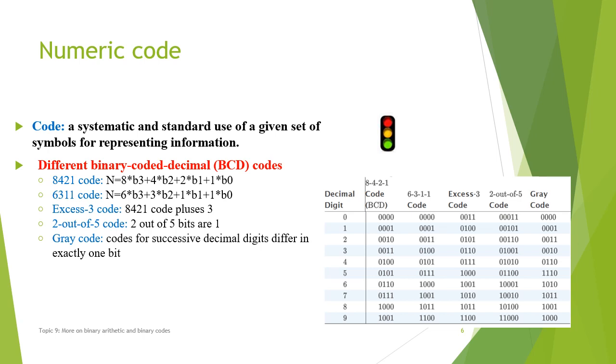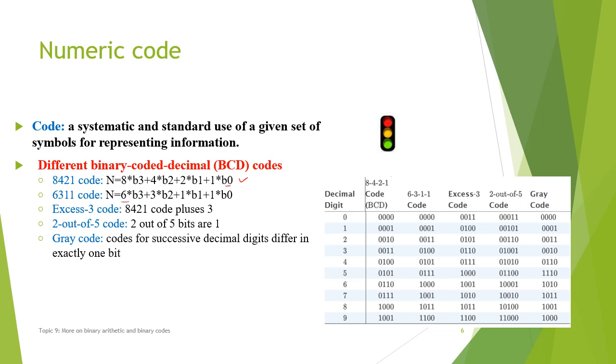You can think we encode a decimal number into 4 bits of binary. You must know this binary number, then you can translate it to the corresponding decimal value. Okay, and here is how to calculate this. So B here stands for the bit. B3 is the MSB, B0 is the LSB. So the MSB has a weight of 8, the LSB has a weight of 1. Okay, so that's how you calculate. And there's another type of BCD code called the 6311 code.